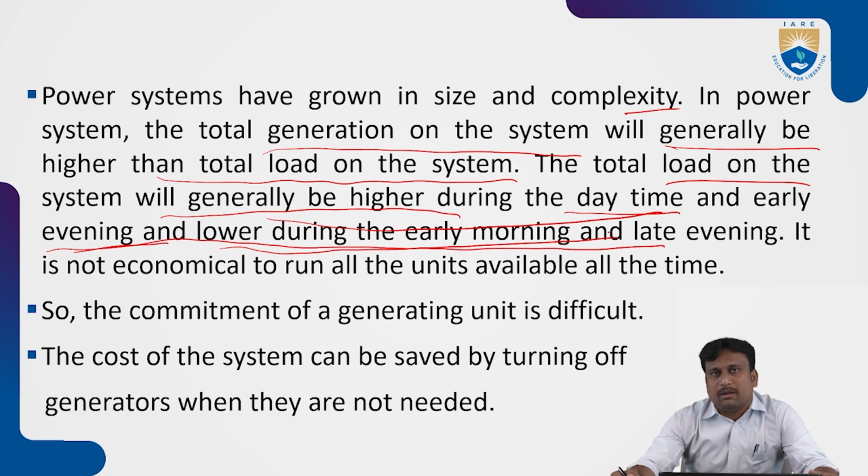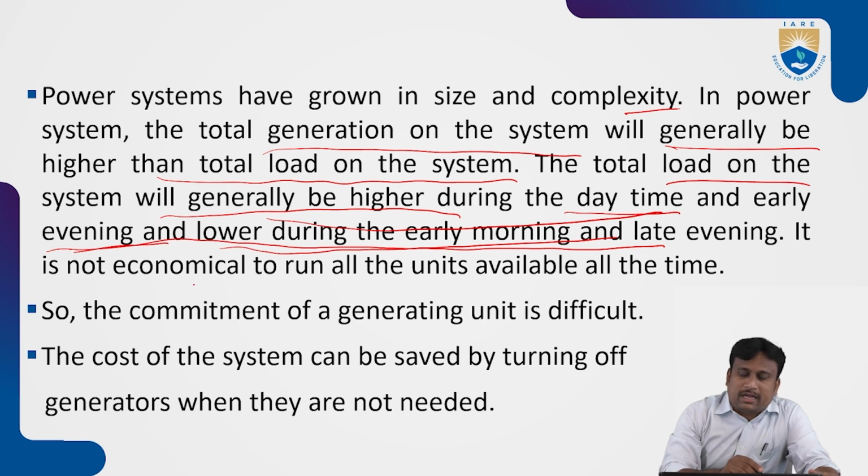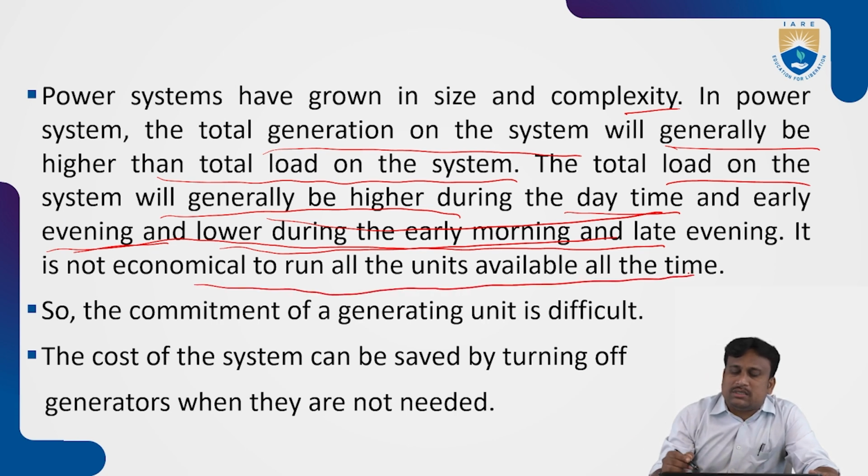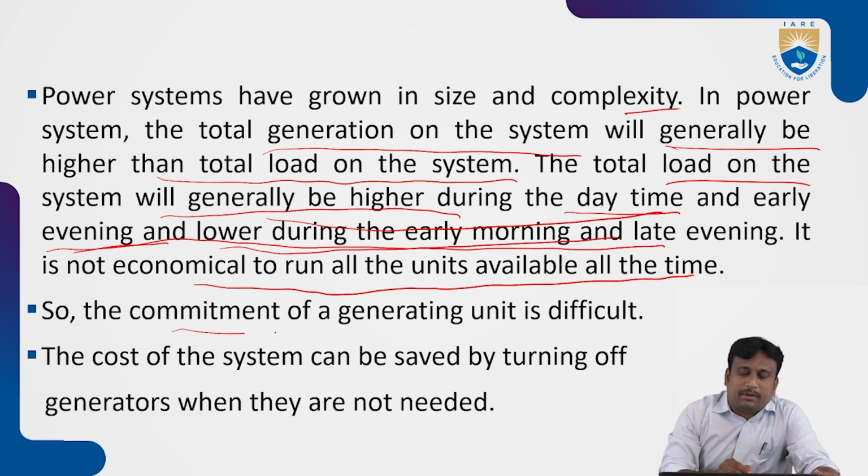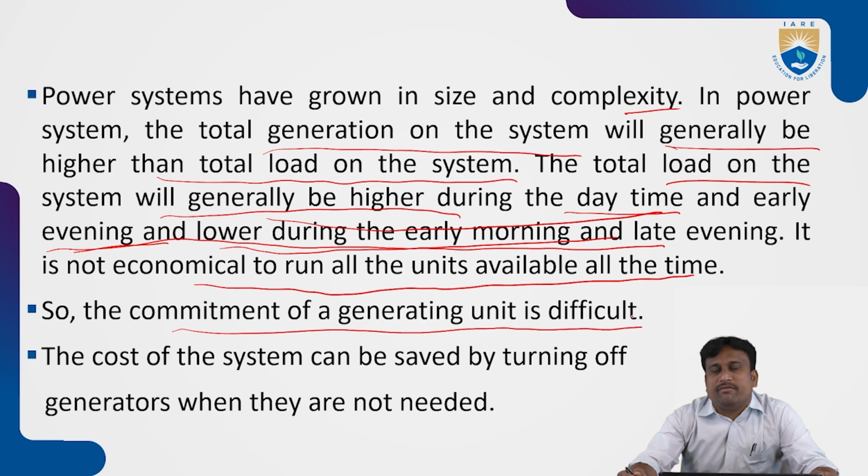In the early morning, the load consumption will be less, and it is not economical to run all the units available at that time. We cannot run all the units at a time. So the commitment of a generating unit is very difficult to decide. Why? Because all the time sequences cannot match.